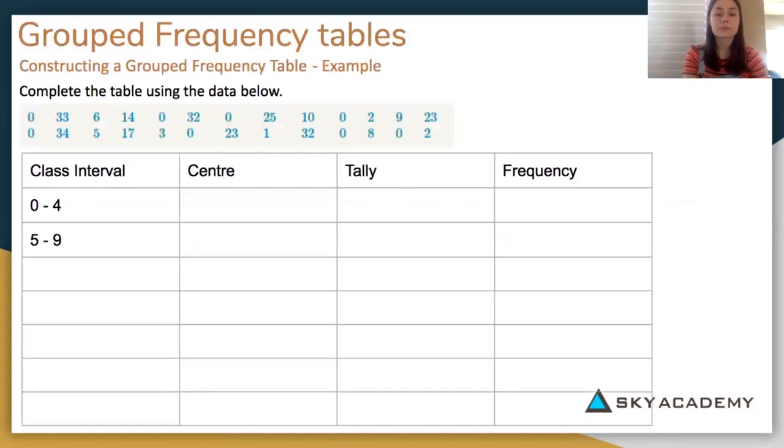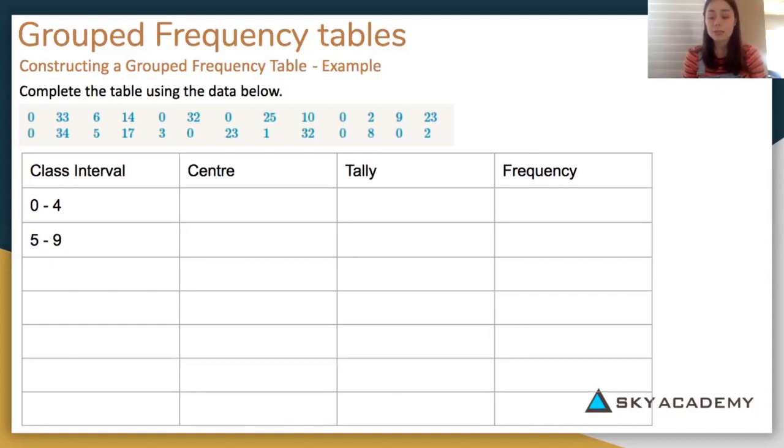So here we have been asked to complete the table using the data below. So if we have a look, they've already given us the table drawn up, and they've given us the start towards the class intervals. So their first class interval is from 0 to 4. So that would be 0, 1, 2, 3, 4. So they are having groups with 5 in each.